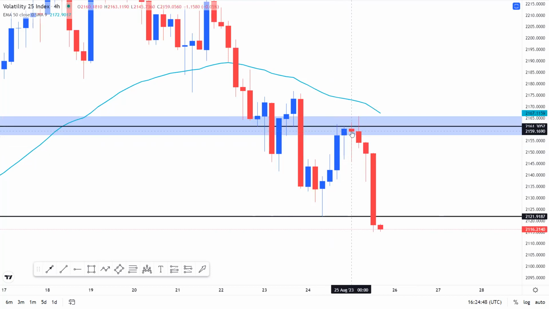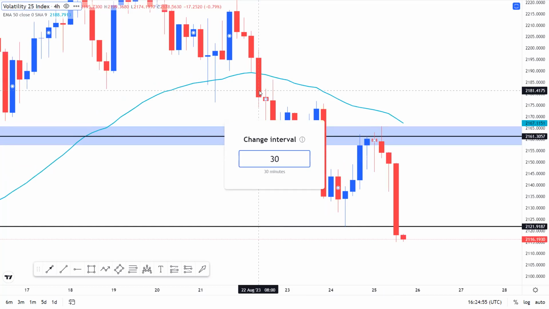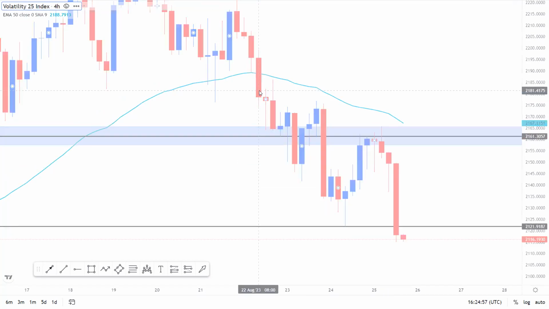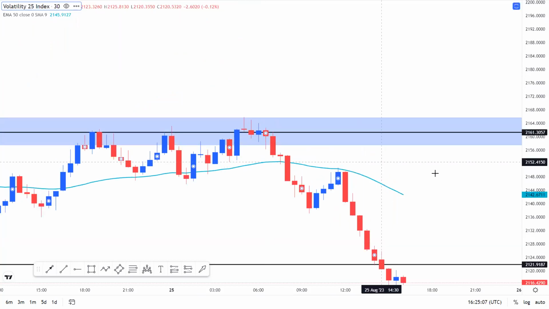Having seen the shift in momentum candlesticks from the 4-hourly time frame, I moved all the way down to the 30-minute time frame, where I had my perfect entry confirmation, price action confirmation for shorts.